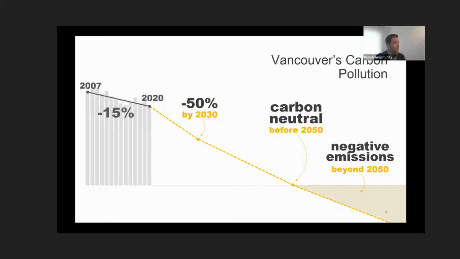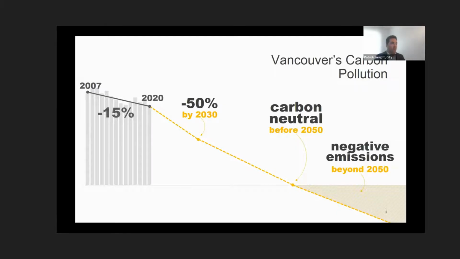That requires up to a 5-fold increase in the rate of reductions of emissions in the city of Vancouver by 2030. And then by 2050, we have to keep reducing until we hit carbon neutral.